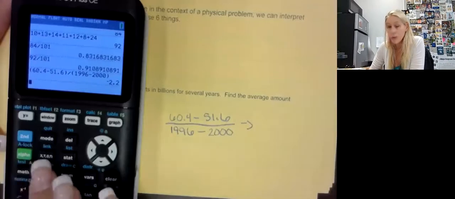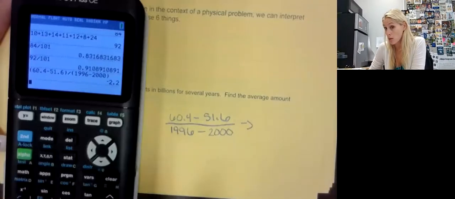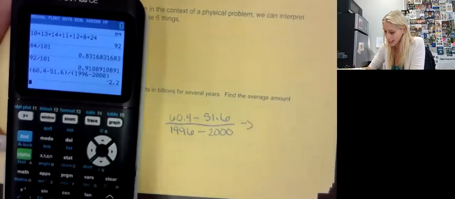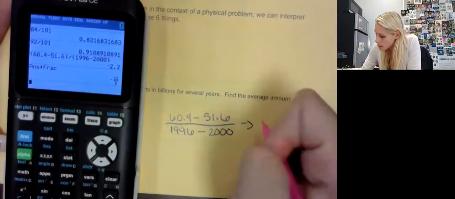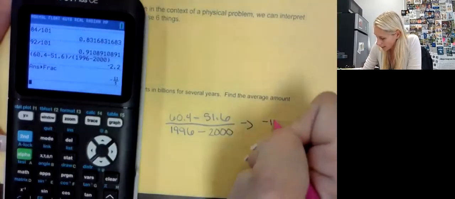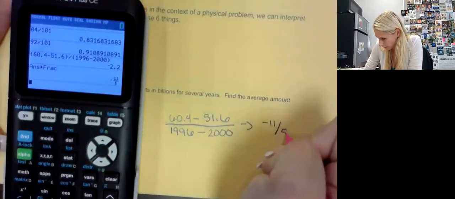And put it back into a fraction because we're going to talk about making a sentence, right? So go math, enter, enter. So we get a negative 11 over 5.